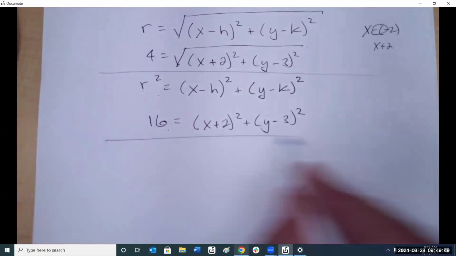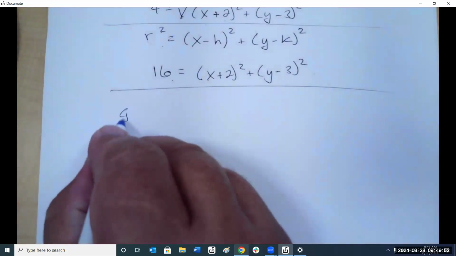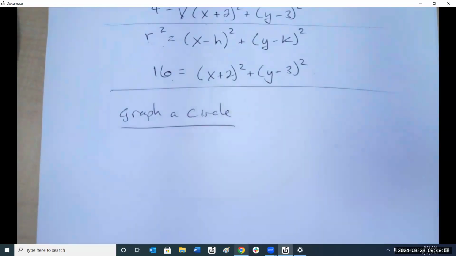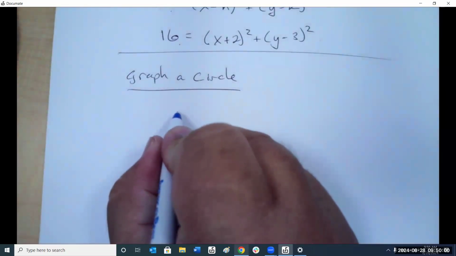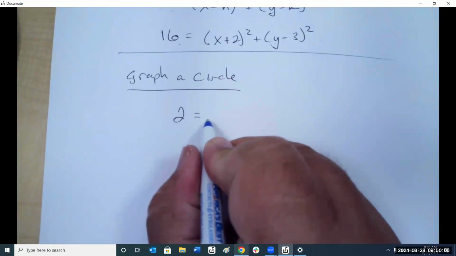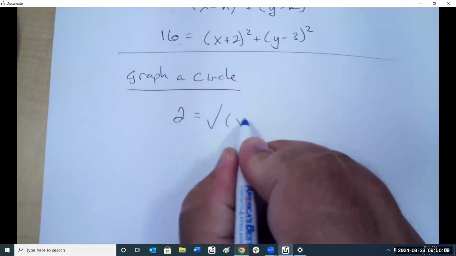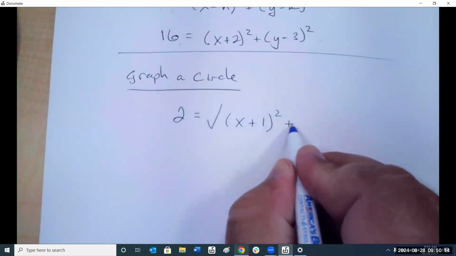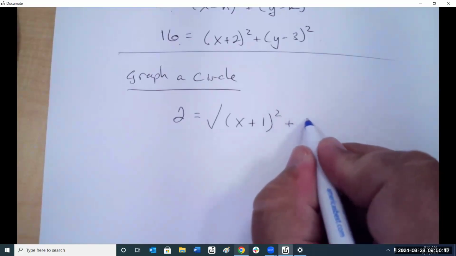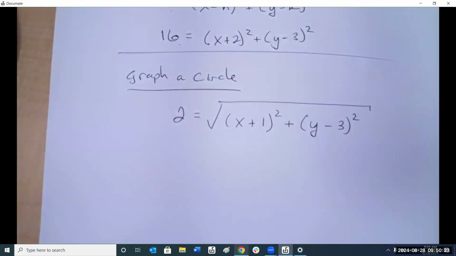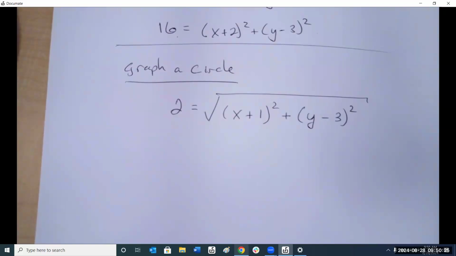Let's graph a circle, and that'll be the last thing for the day. To graph a circle, you need to know two things.